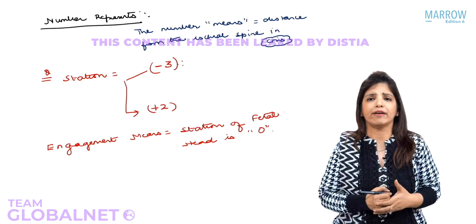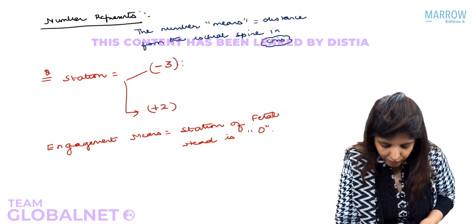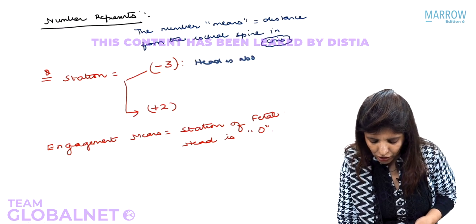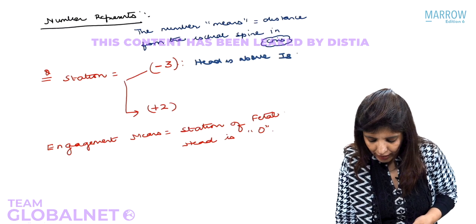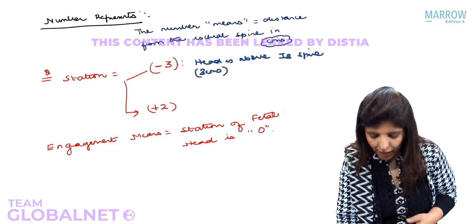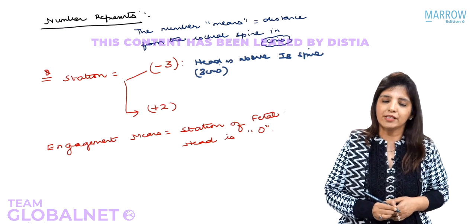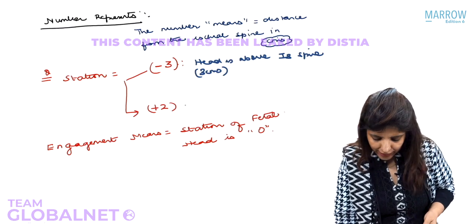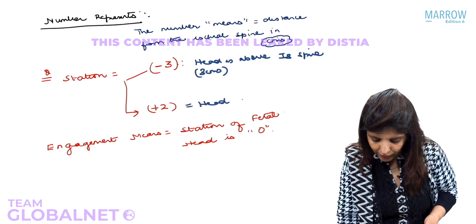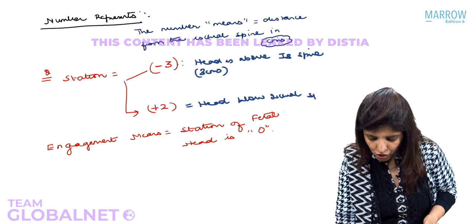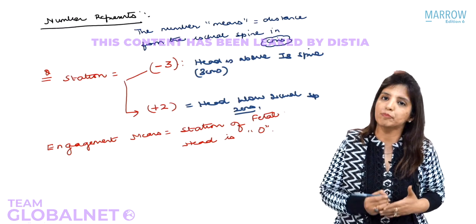What do you understand by that? You are going to tell me that, ma'am, minus means the head is above the ischial spine and it is 3 centimeters above the ischial spine, right? +2, what would that mean? +2 would mean that the head is below the ischial spine, 2 centimeters below the ischial spine.